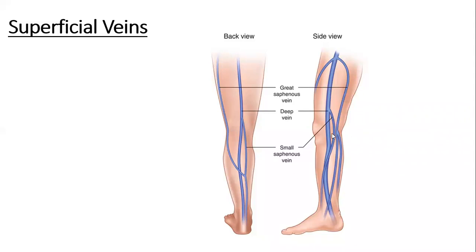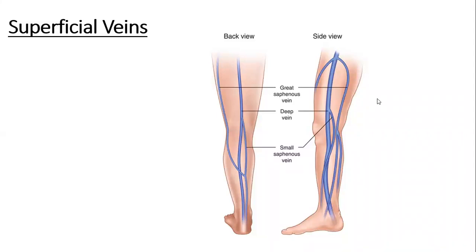Behind the knee joint, it is often connected with the small saphenous vein. And great saphenous vein itself is connected with the deep veins of the lower limb with the help of different groups of perforators.